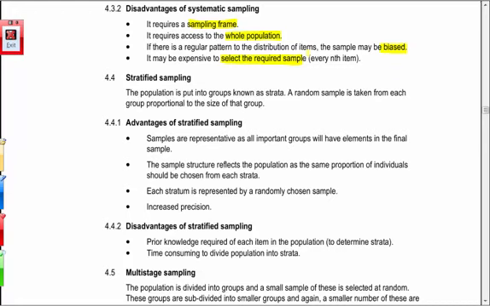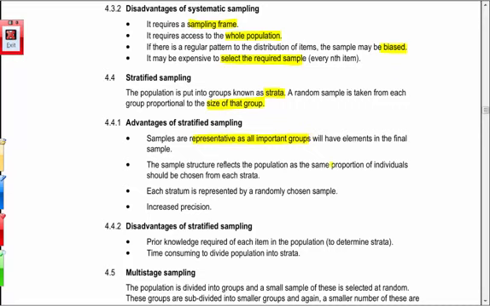With stratified sampling, the population is classified into groups which are known as strata, and a random sample is taken from each group proportional to the size. What that means then is that the final sample will be representative because all of the important groups, the strata, will be represented in the final sample.